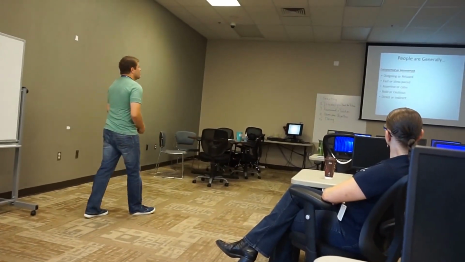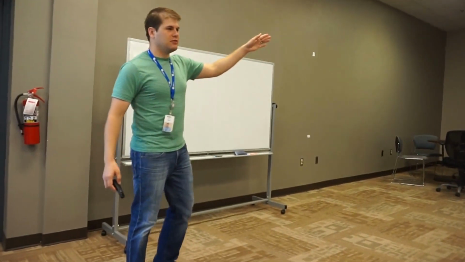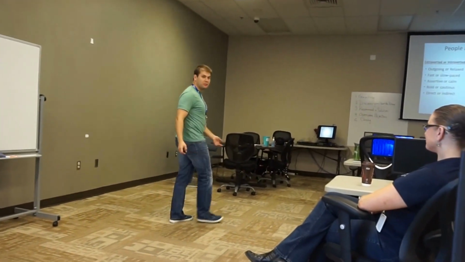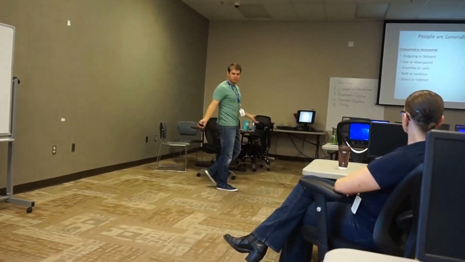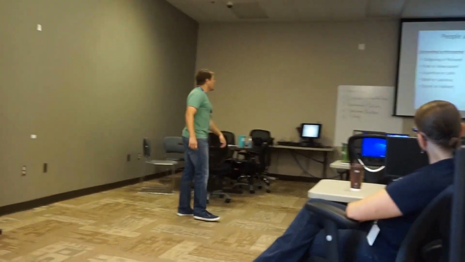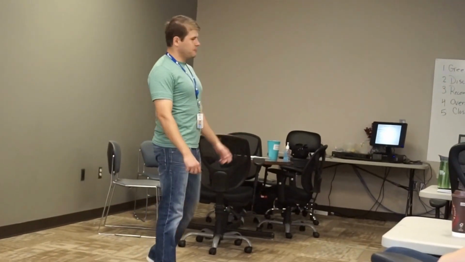Okay. So people in general, you've got two types, right? We've got the extroverted or introverted, and yes, that is the correct spelling of extroverted. We have our lovely individual that actually looked it up, and we know the correct spelling now, which is awesome. So, extroverted or introverted, outgoing or relaxed, fast or slow pace.